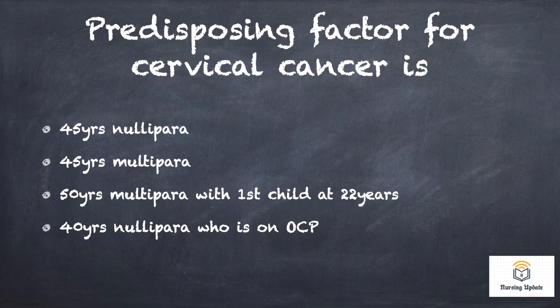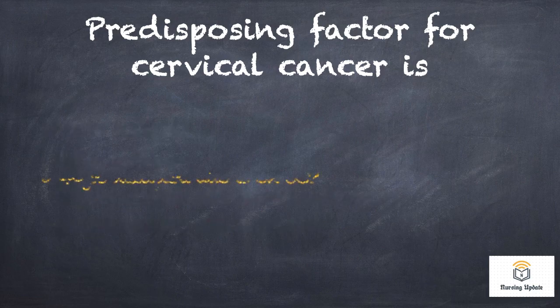Nullipara means a woman who never gave birth, and multipara is a woman who has given more than 2 births. So the answer is 40 years nullipara who is on OCP.